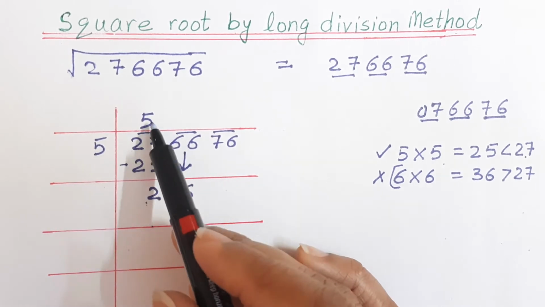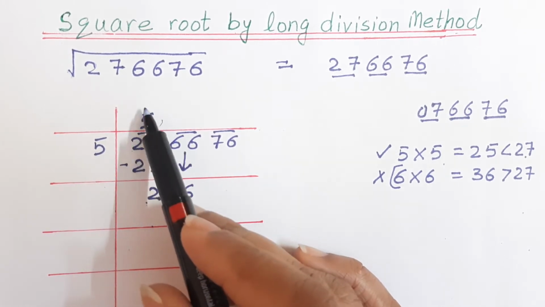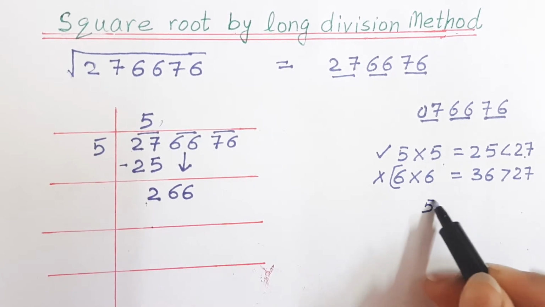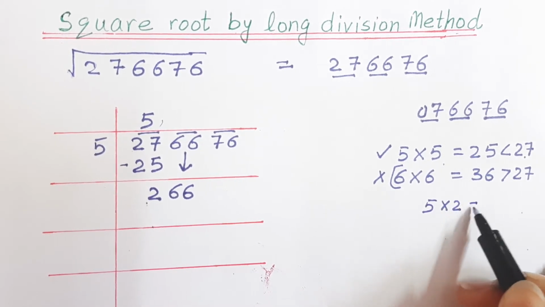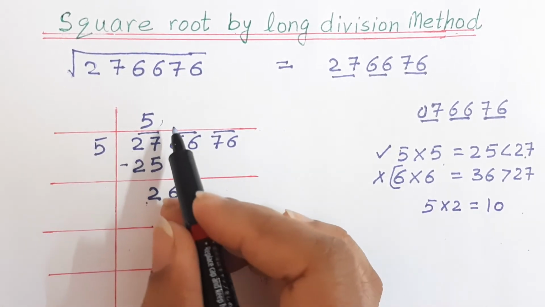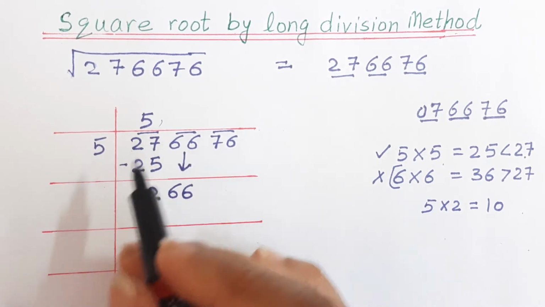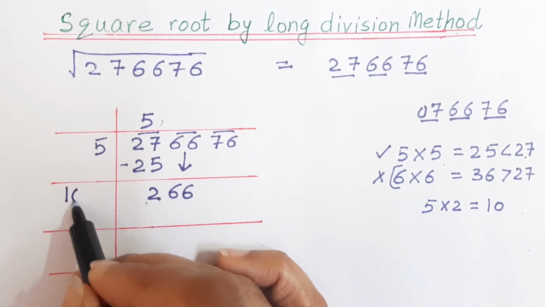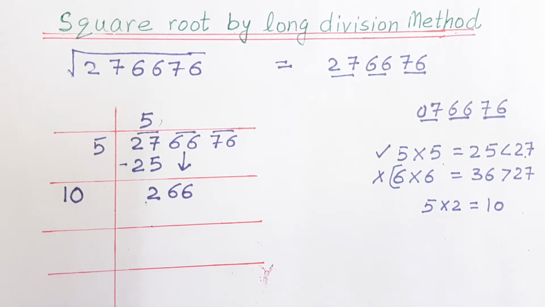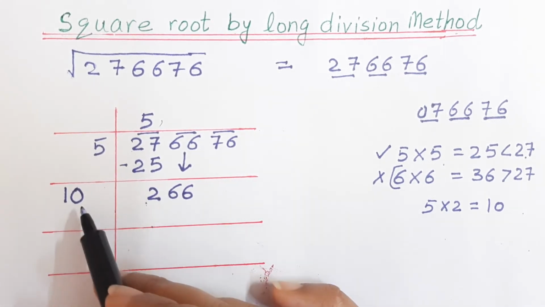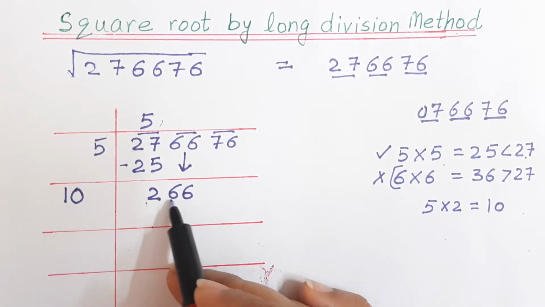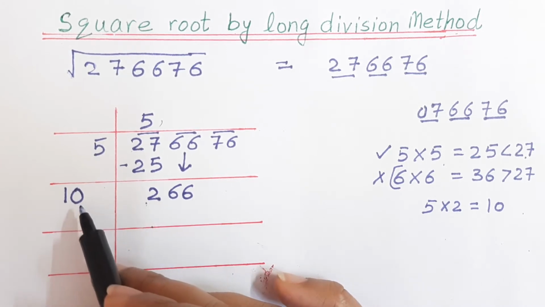double the quotient. Now here the quotient is 5. So double of 5 is 5 multiplied by 2, that is 10. Now double the quotient and write here 10. So we have written 10 on the left of 266.